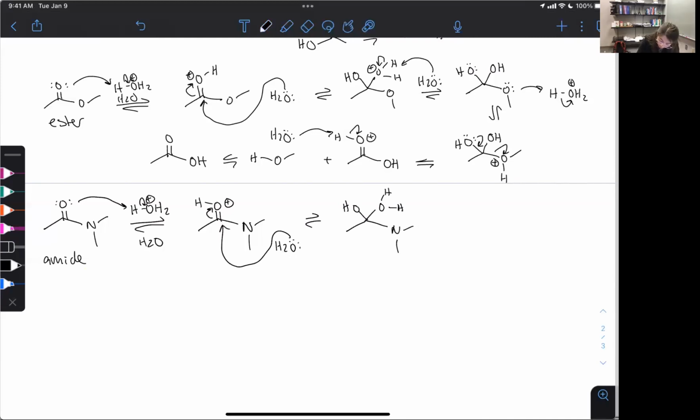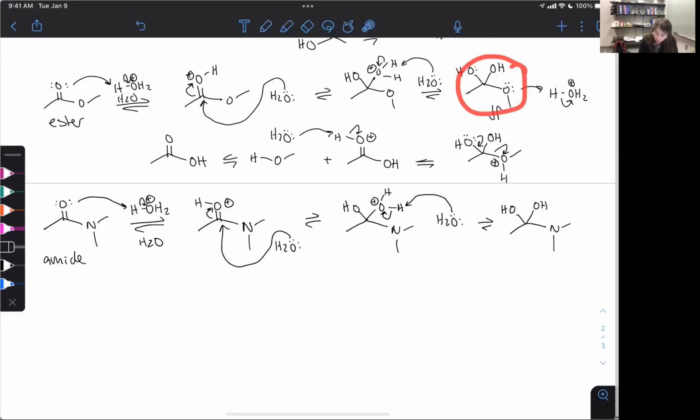Okay, so then we end up here where we need to deprotonate first. So we can bring in our water here, grab one of those H's, a nice little acid base reaction. And then we end up at this intermediate. So just like before, I have a very similar situation with these two. So what we want to do is protonate this ahead of time so that we don't end up making an N minus, which is really basic.